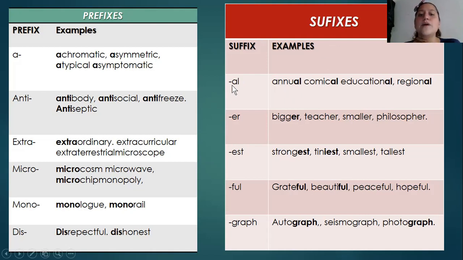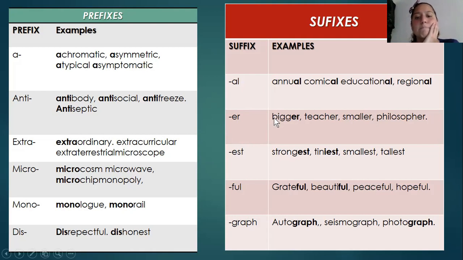Suffixes. We are going to use them at the end of the word. Often we are going to see these suffixes, er and est, in the comparative and superlative adjectives. For example, we have the adjective big.